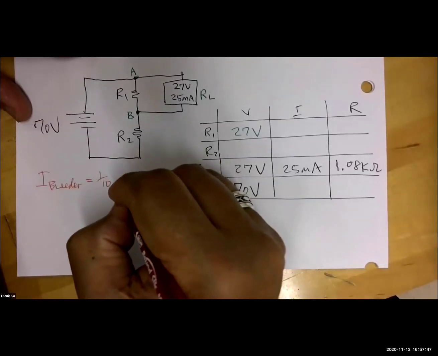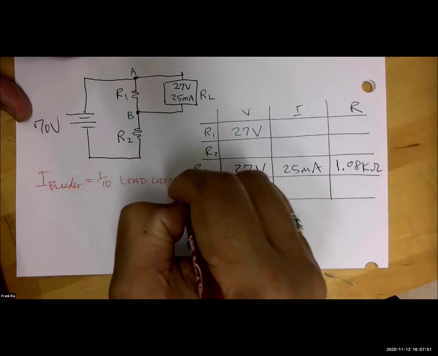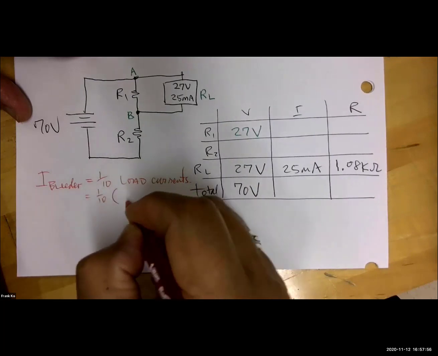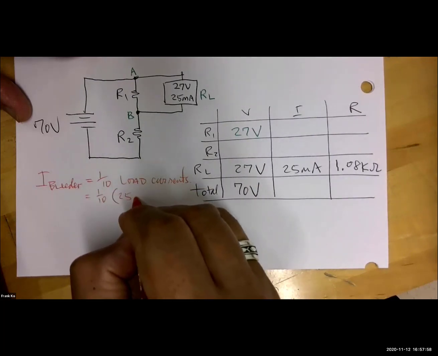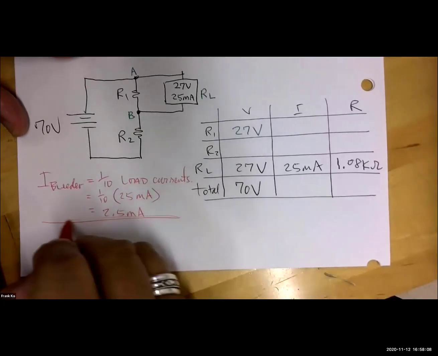It's equal to 1/10 of the current going to the load. And so in this case, it is 1/10 of 25 milliamps, which calculates to be 2.5 milliamps. And that was a design rule, yes, everybody?